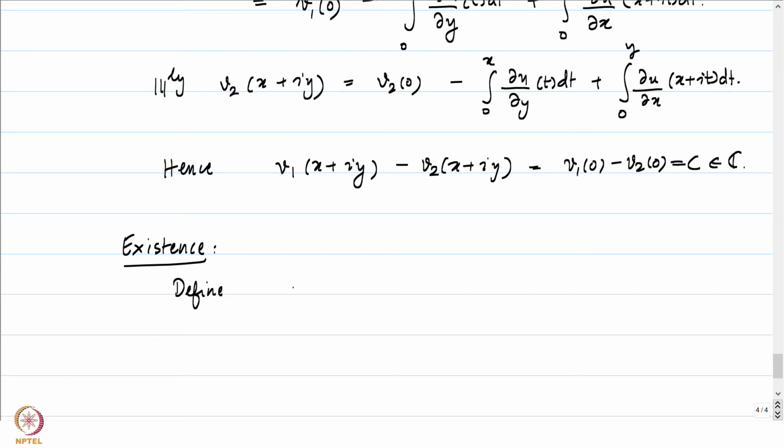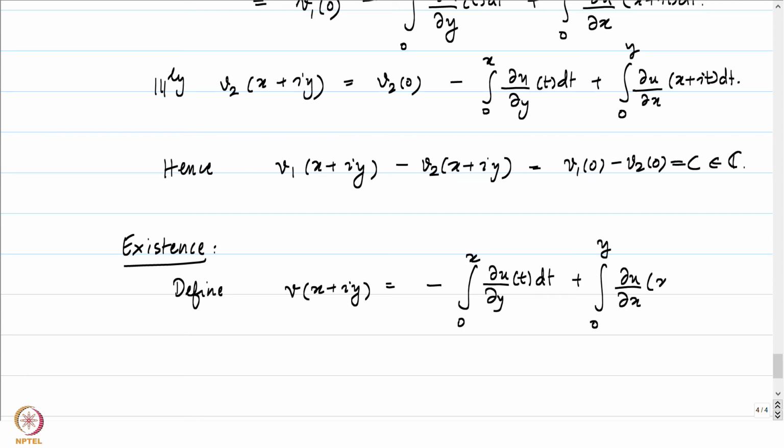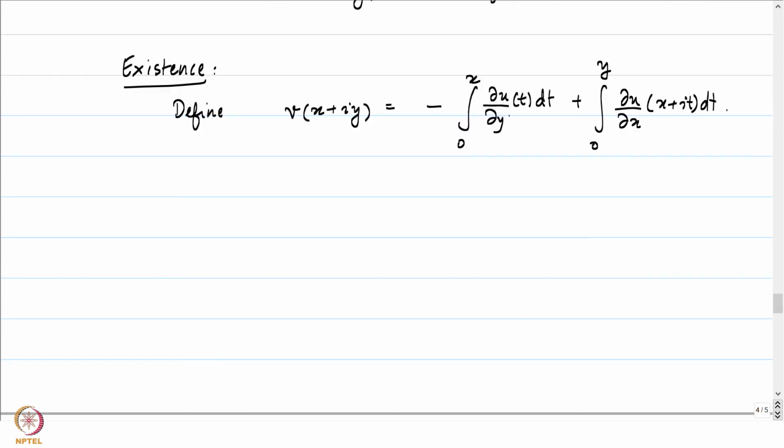So define v of x plus iy to be equal to minus the integral from 0 to x of dou u by dou y of t dt plus the integral from 0 to y of dou u by dou x of x plus it dt. Notice that this explicit expression defines a real valued function on the entire complex plane. In fact, it is differentiable by the fundamental theorem of calculus.